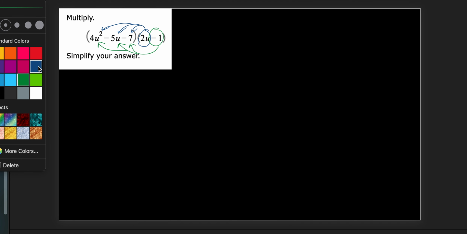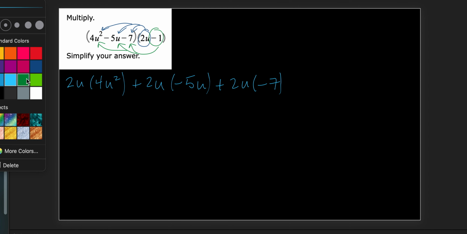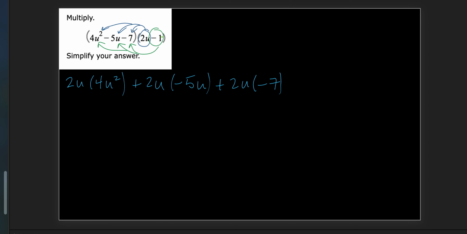So first we'll distribute the 2u. So it's 2u times 4u squared. And then it's a positive 2u, so plus 2u times that negative 5u. And then 2u times the negative 7. And I'm going to switch to green so I can show what I pointed to in green here.